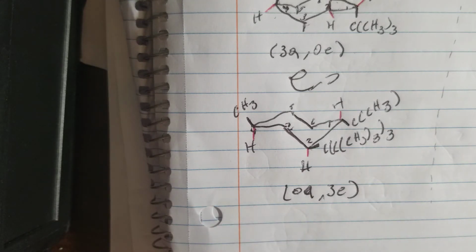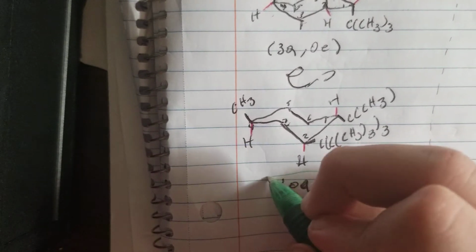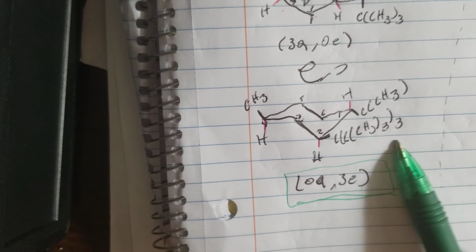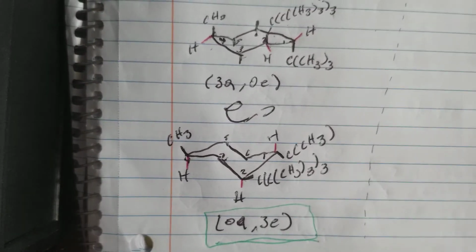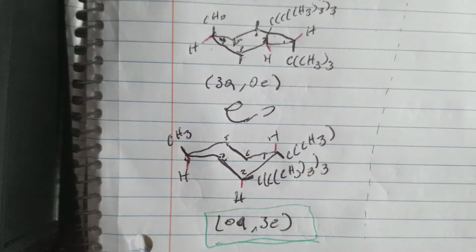So this one is clearly the more stable, because more equatorial is more stable, and also the larger atom groups being on equatorial yields greater stability.